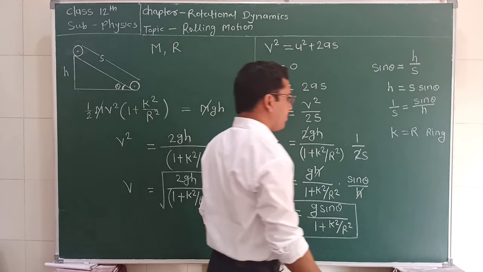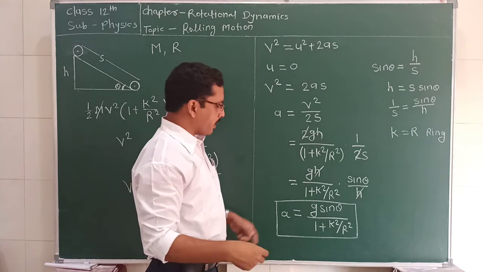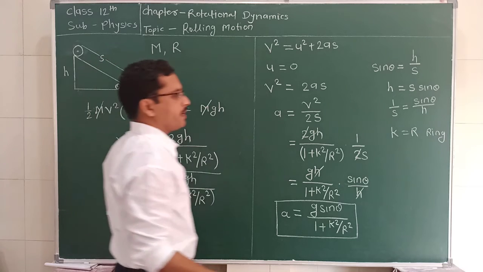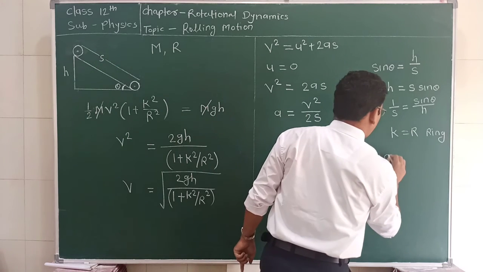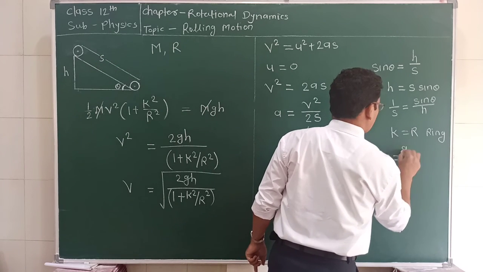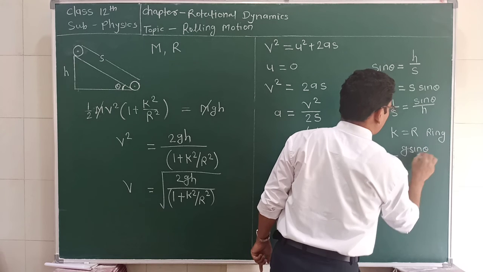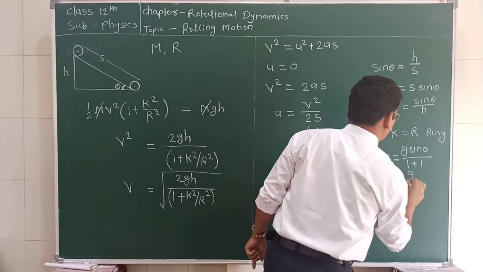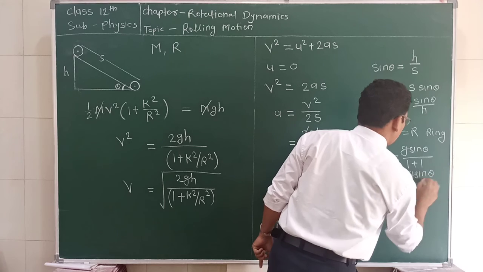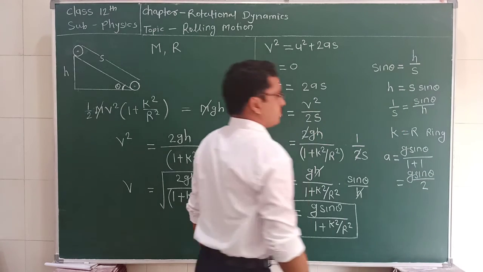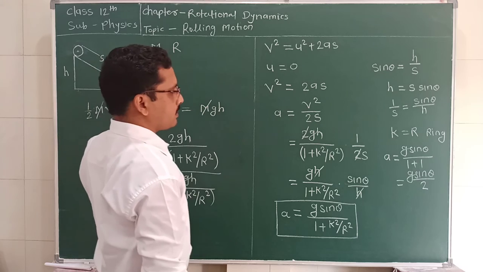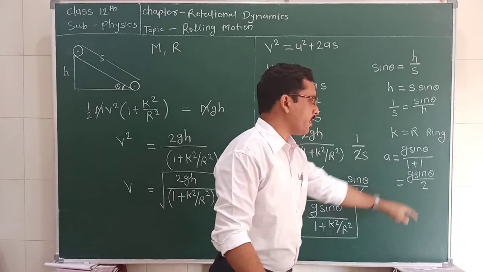And therefore, if we calculate the acceleration of the ring when it is rolling down the inclined surface, we can write a = g sin θ divided by (1 + 1), which is nothing but g sin θ/2. So the acceleration of the ring is equal to g sin θ/2.